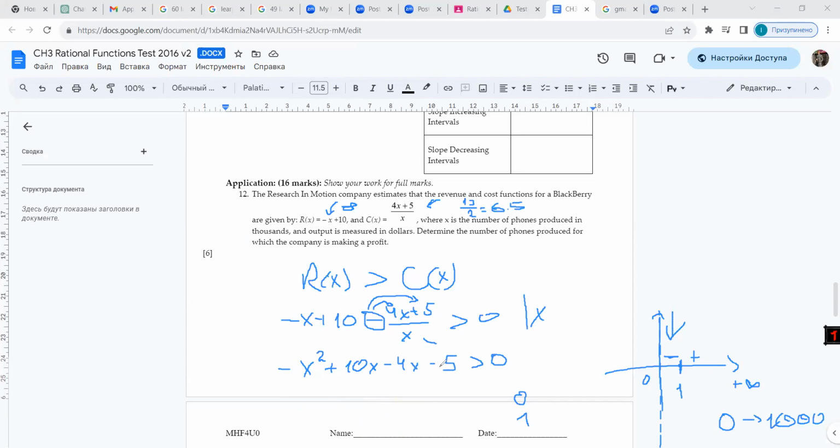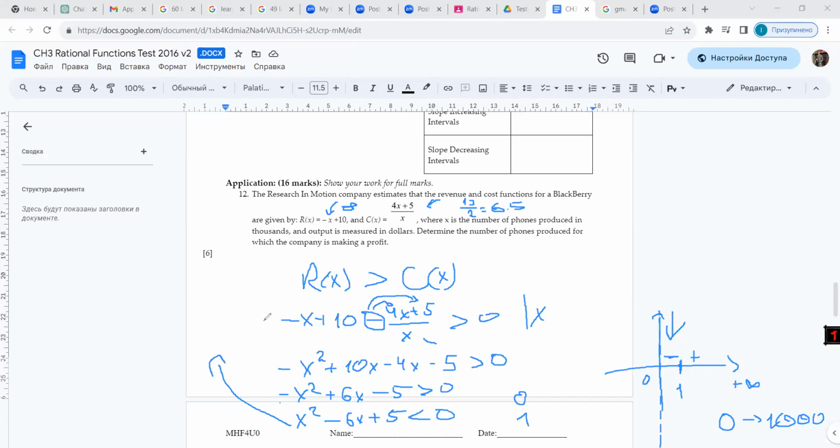4x minus 4x minus 5. Now I combine common terms: x squared plus 6x minus 5 greater than 0. Yeah, great. Now I can get rid of this minus in front of it. X squared minus 6x plus 5 less than 0.